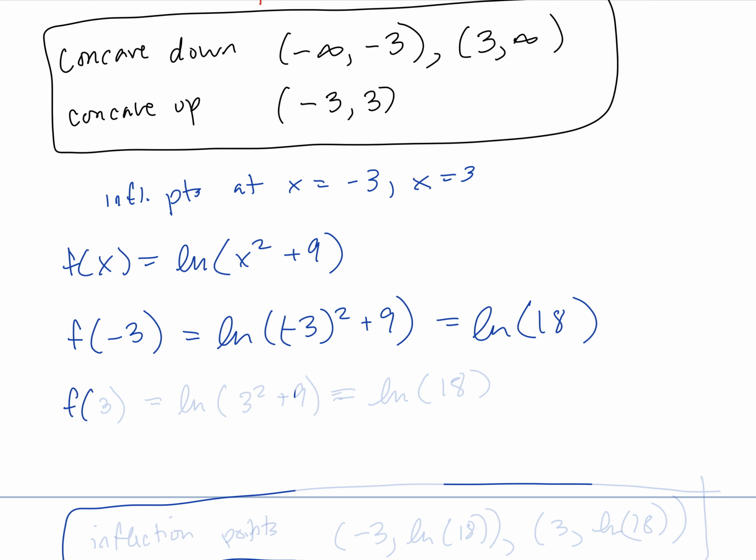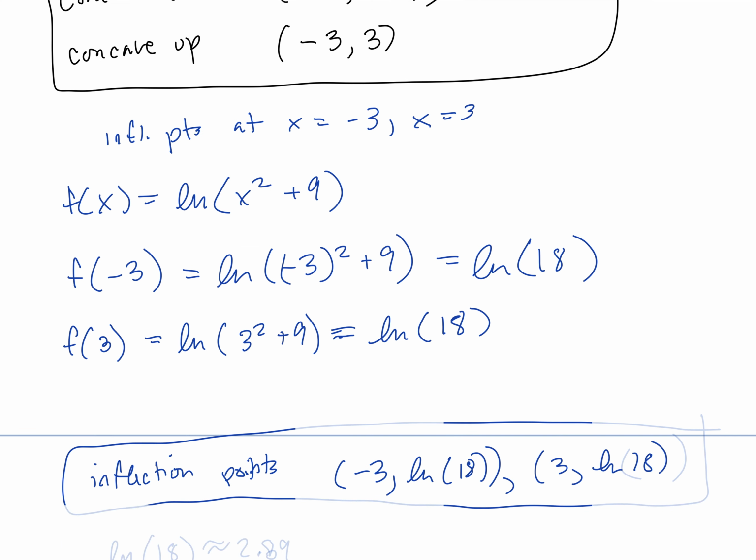And f of positive 3 gives us the same thing, the natural log of (3 squared plus 9), the natural log of 18 again. So we could just leave those points as they are, that our inflection points for this function are (negative 3, natural log of 18) as well as (positive 3, natural log of 18). And that's just fine. I would probably just leave it as those.